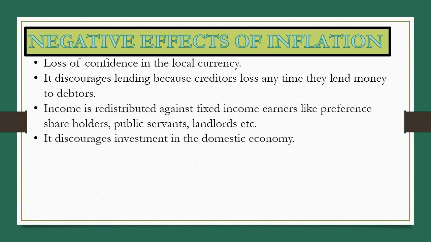Again, the higher prices of inputs result in higher production costs, leading to higher prices of goods. Furthermore, people will prefer to hold money against securities like bonds, treasury bills, shares, etc., rather than investing in productive sectors.